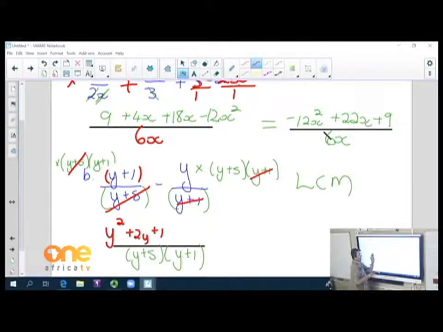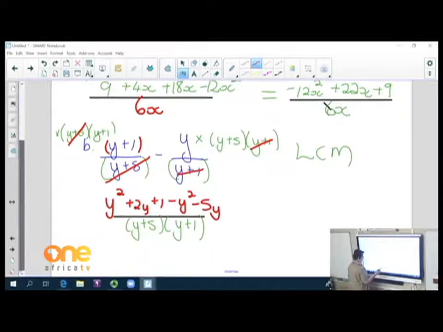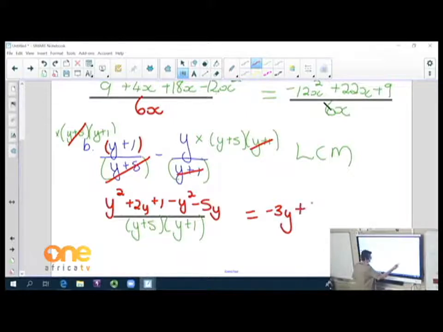Now the negative is for the whole fraction, so it is negative y squared, negative 5y. Negative 5y there. So this 2 will eliminate. Plus 2 minus 5 is then equal to negative 3y plus 1. And this is then over y plus 5.